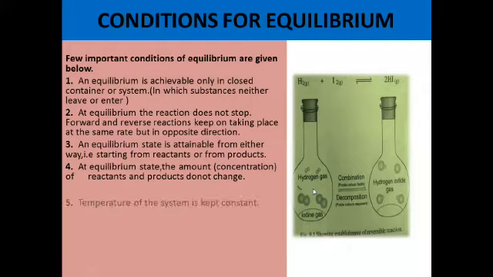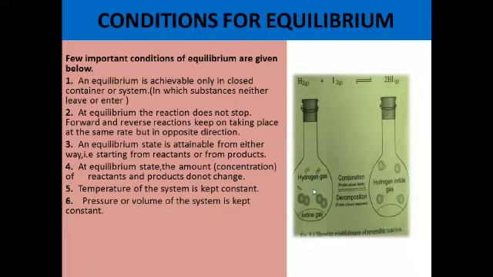Same if you keep temperature unchanged and keep the pressure or volume of the system unchanged, the equilibrium will be maintained and the reaction will be in equilibrium state for a long time.